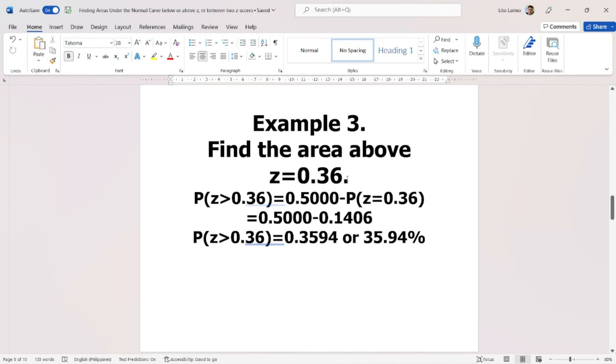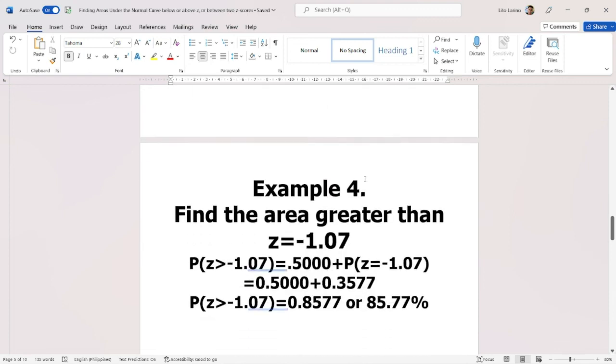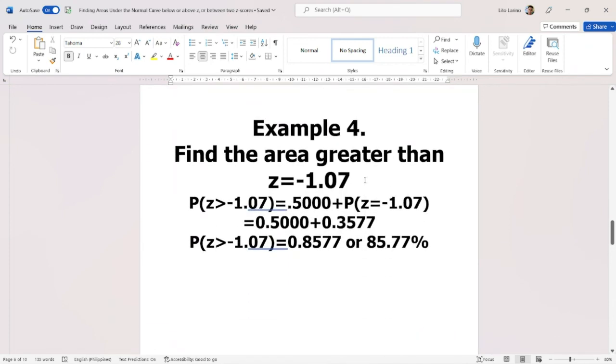Now, when the given z-score is positive or above the mean, we subtract the area from 0.5000 to get the area above it. While if the given z-score is negative, we add the area to 0.5000 to determine the area above it. That's the opposite of case 1, which is below the given z-score.